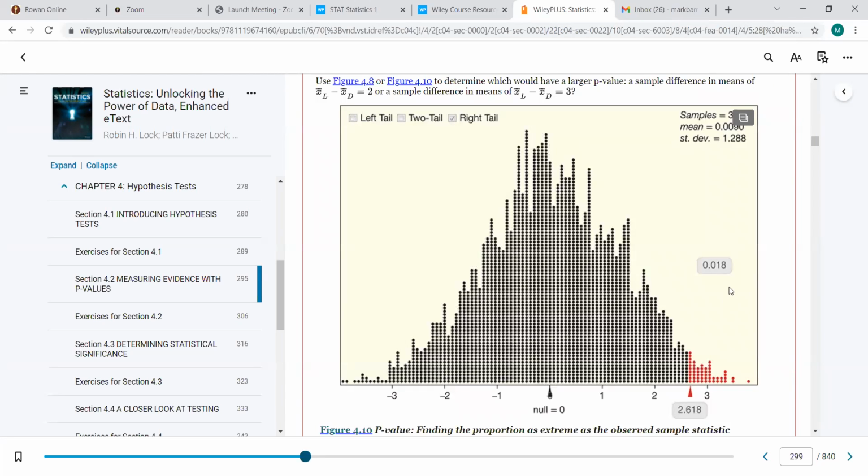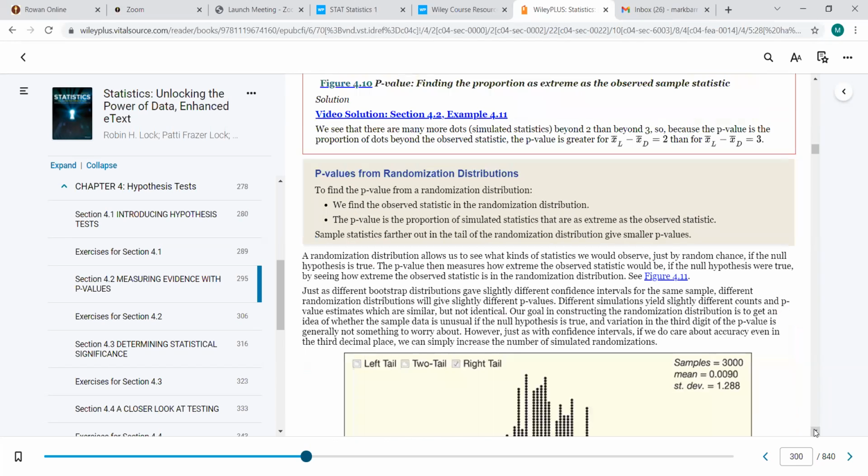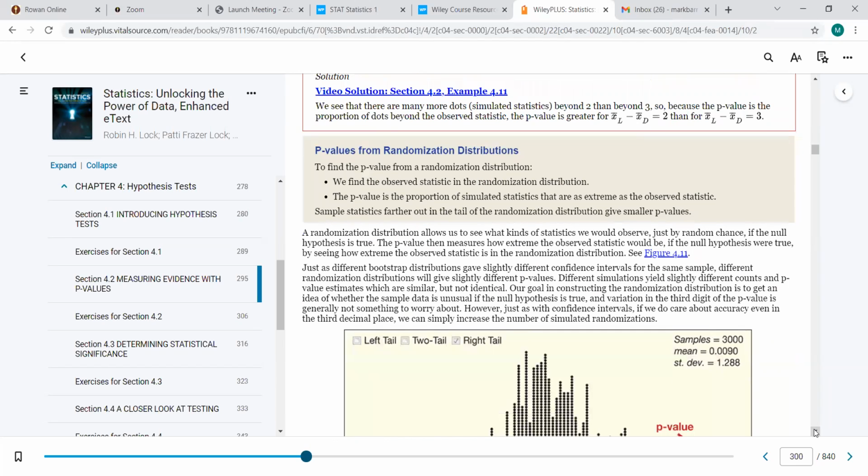We divide by 3,000, and this gives us our p-value, 0.018. So it's a small p-value. All right. So here is the whole idea of using p-values. And again, we will practice more. If you're a little cloudy on this, unsure, that is okay. We will do more examples, all right?